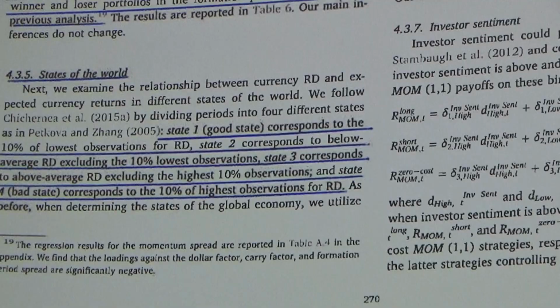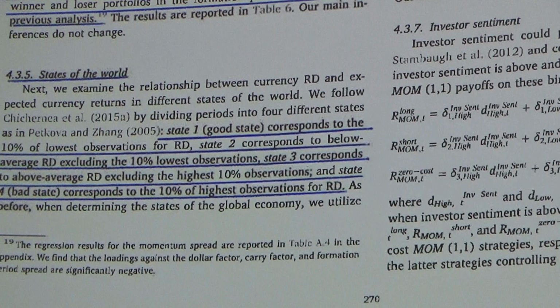Our second dummy variable denotes state 2, which corresponds to below average cross-sectional currency return dispersion, excluding the 10% lowest observations. State 3 corresponds to above average cross-sectional currency return dispersion, excluding the highest 10% of the observations. And state 4, which is a bad state, corresponds to the 10% highest observations for cross-sectional currency return dispersion.